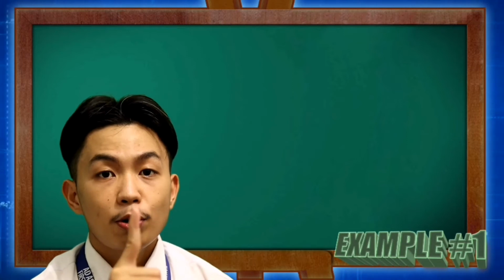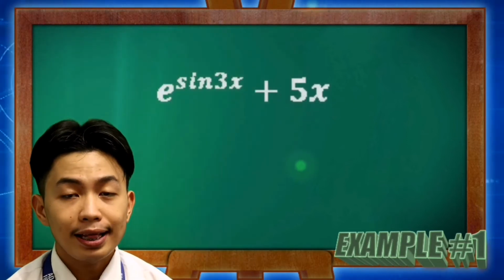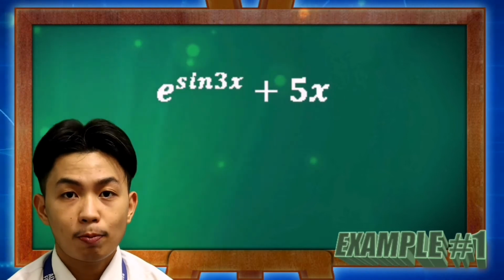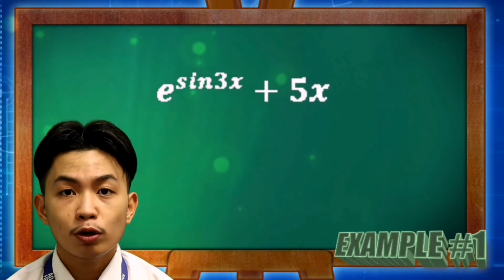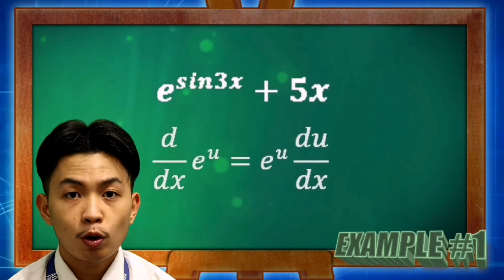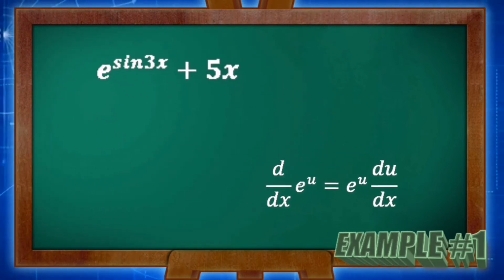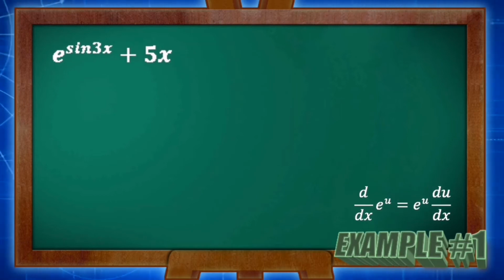For example number 1, we have e raised to sine 3x plus 5x. Since we are using the natural exponential function, we need to use the formula e raised to u times the derivative of u. First, we need to find the derivative of e raised to sine 3x by using the formula. e^u stands for e raised to sine 3x, then multiply it by the derivative of u.